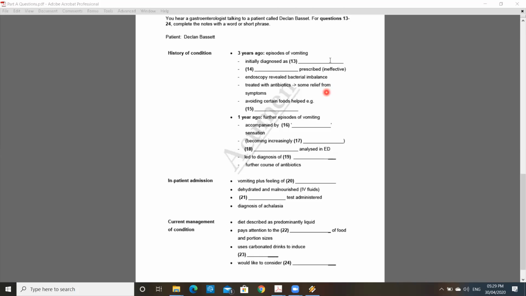So this is extract 2. Here it is a conversation with a gastroenterologist. So again, you can predict what kind of discussion they would have with a gastroenterologist. This time, I'm giving all of you 3 minutes to predict the type of word.